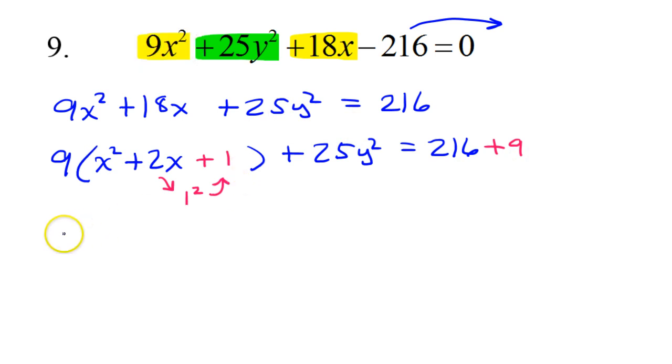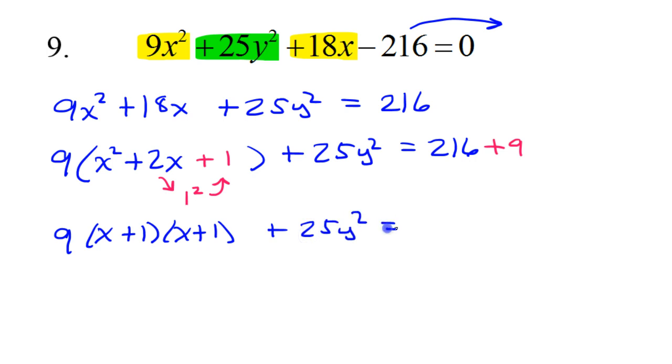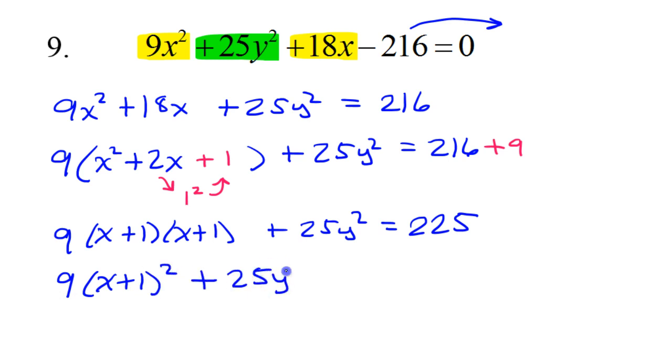So factoring this trinomial, I have 9 times x plus 1 times x plus 1, and then plus 25y squared is equal to, okay, so I can write this as 9 times x plus 1 squared plus 25y squared is equal to 225.